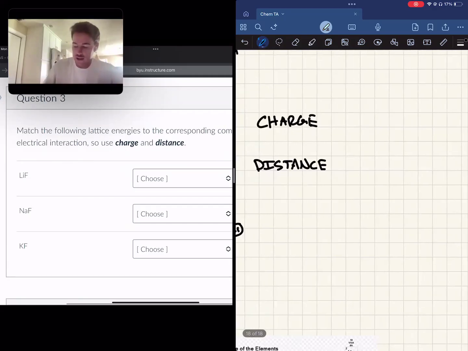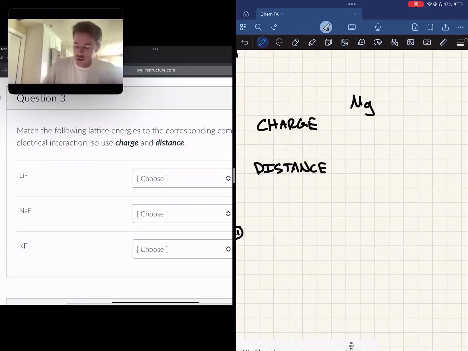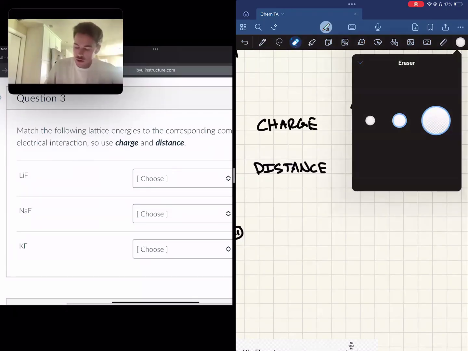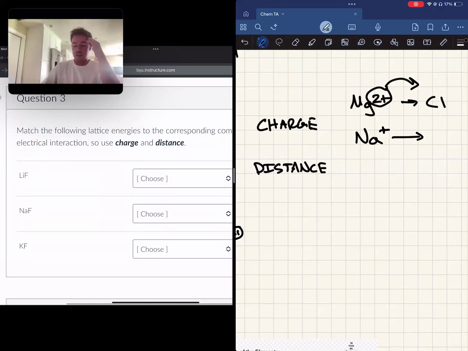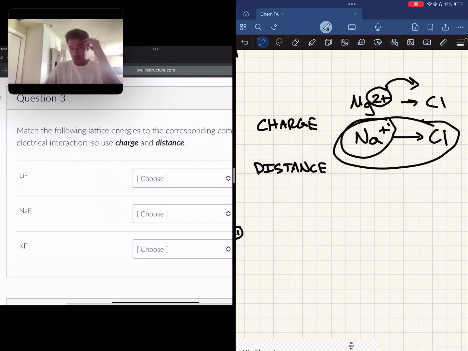So in this case, compare magnesium bonding to chloride with sodium bonding to chloride. Sodium has a +1 charge, magnesium has a 2+ charge. So magnesium chloride is going to have a stronger lattice energy than this one, because it has a higher charge. And sodium chloride will have a lower lattice energy. It will be weaker than the other because it has a lower charge.